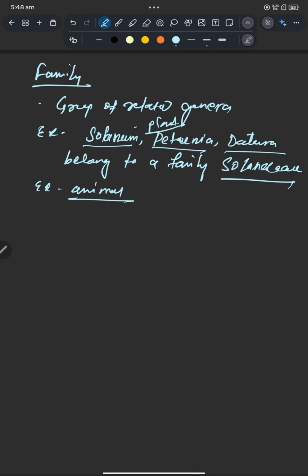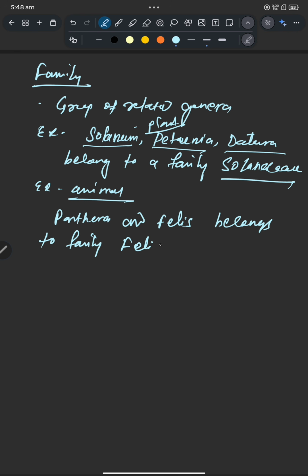In animal, Panthera and Felis belong to family Felidae. Very, very important, children. So Panthera includes a tiger, lion, leopard. Felis includes cat.